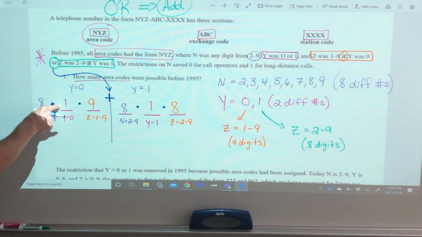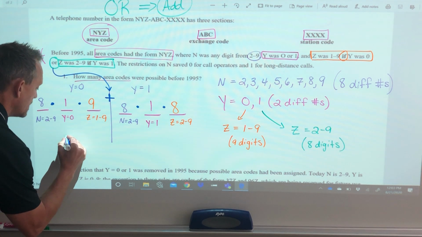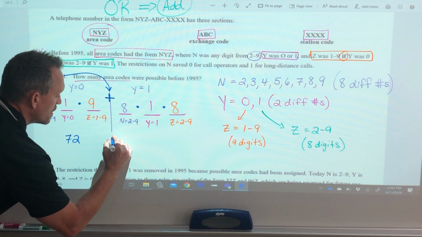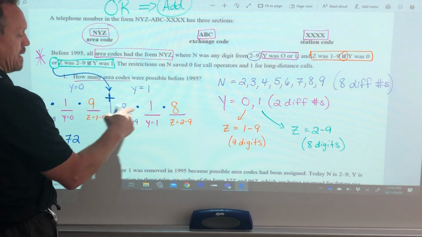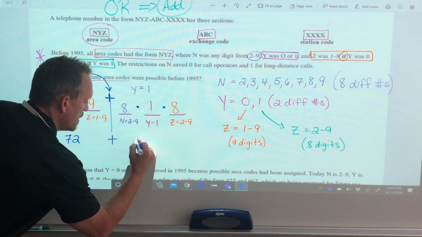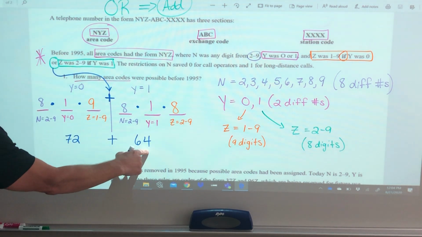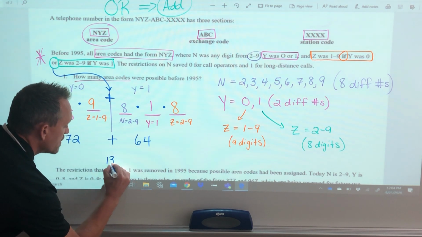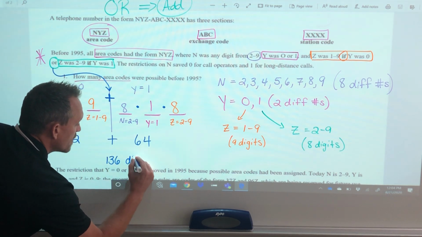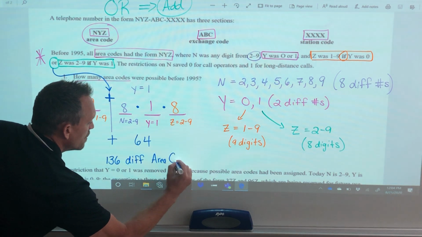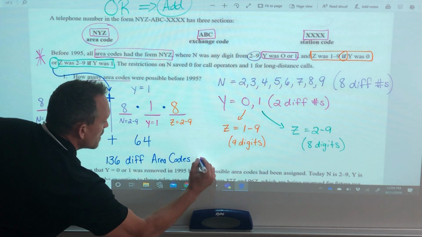So 8 times 1 is 8, times 9 is 72, plus 8 times 1 is 8, times 8 is 64. 72 plus 64 is 136 different area codes possible.